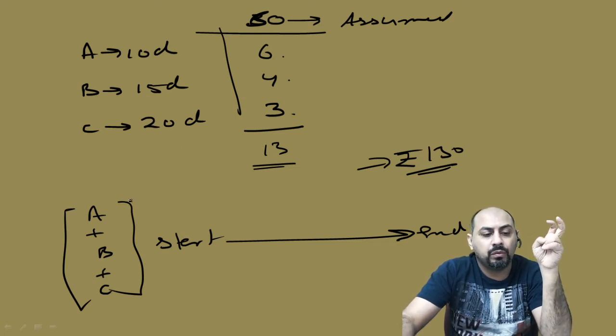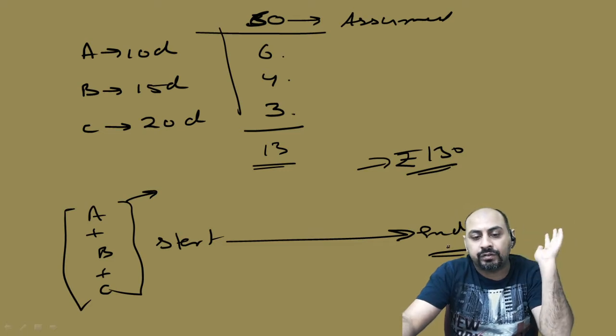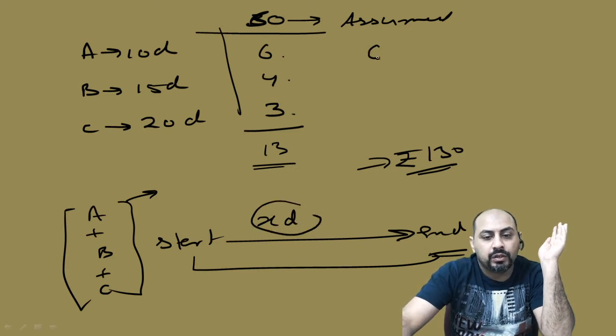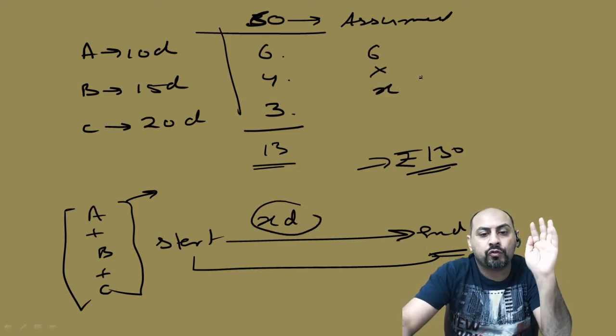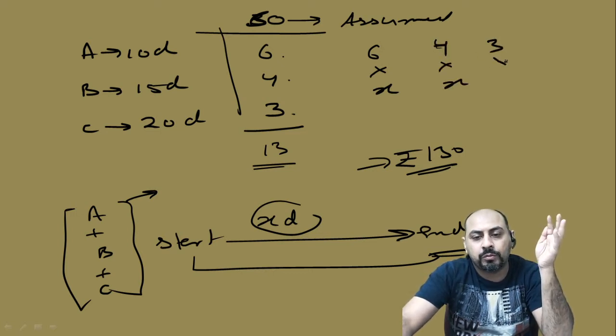This will depend on how much of the work has been put in by each person. Three of them started working together and worked till the end of the work, which means that if they have worked for X days, A's total output would be 6 into X, B's total output would be 4 into X, and C's total output would be 3 into X.